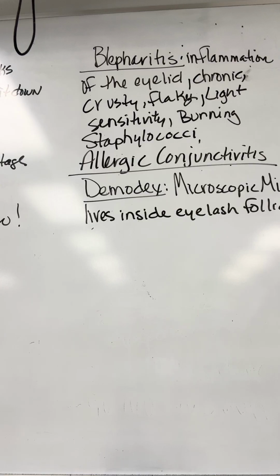Demodex infestation can be the result of dirty, unkept lashes, untreated blepharitis. So yes, that answers our question. It can be treated with like an antibiotic, obviously. You would have to treat blepharitis if you had it, okay? And it occurs more often in older adults and those with compromised immune systems. And this is contagious.